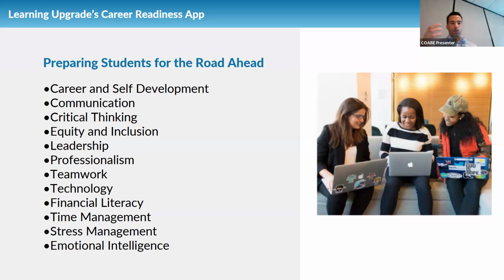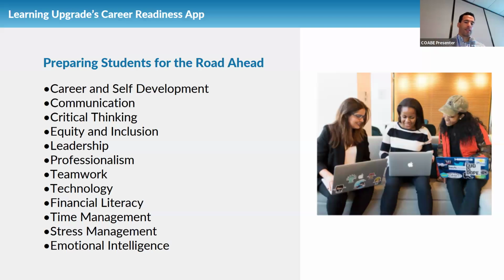So how do we do that? We have a real focus on these content areas. So especially in our work-life skills, we focus heavily on career and self-development. We'll be able to take a look at our lesson list in a little bit. Communication is a really big one, especially for not just getting the job, but being successful in the job. The soft skills of networking, what does that look like? How do you set a career path and then go after it? We have lessons on critical thinking, new ones on equity and inclusion, leadership, professionalism, showing up to work on time.